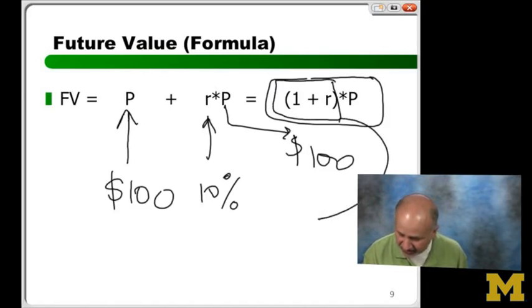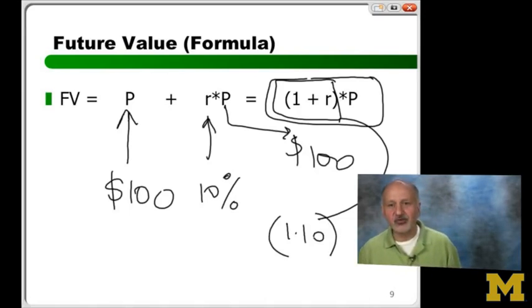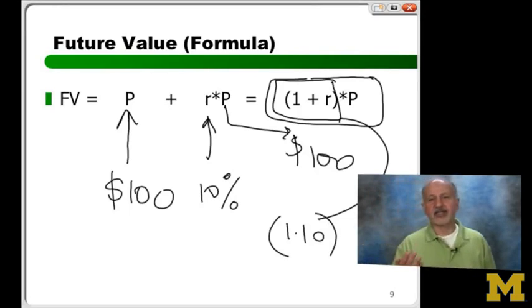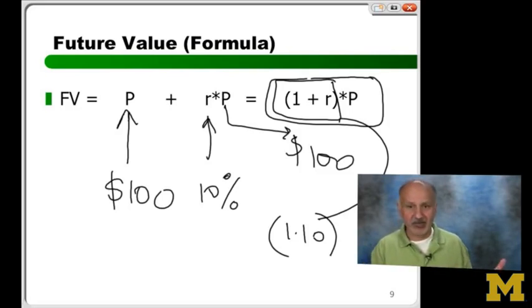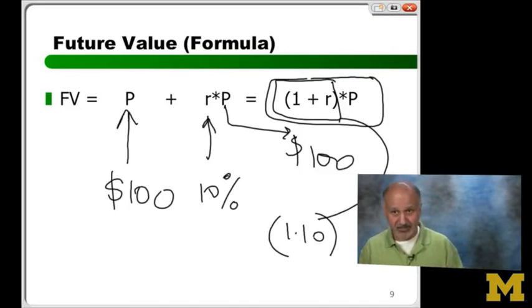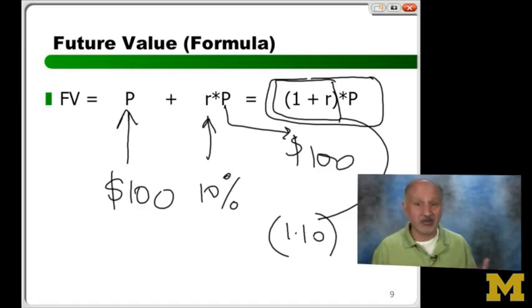In our case, 1 plus R is 1.10. What's cool about this number is it tells you the future value of $1. If you know the future value of $1, in this case 1.1, which is simply 1 plus the interest, you know the future value of any number. If the number is 100, you multiply 1.1 by 100, you get 110. If it's a million, you get 1.1 million, and so on.